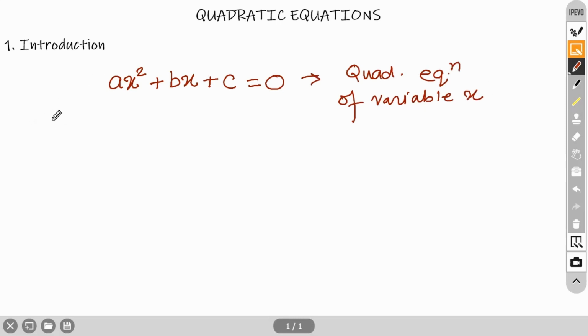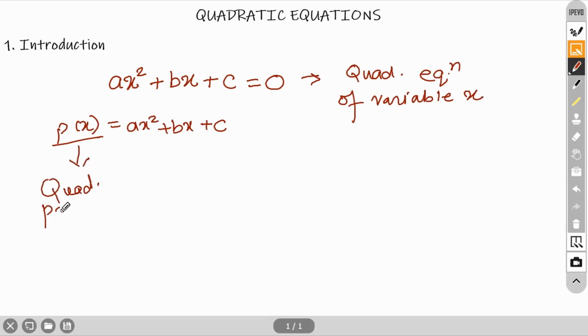Let us suppose that px is a polynomial of variable x, which is equals to ax square plus bx plus c. Then px is called a quadratic polynomial.